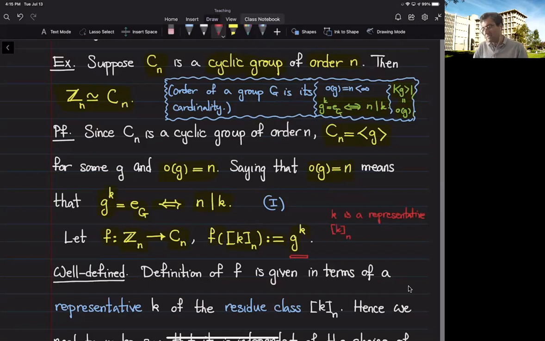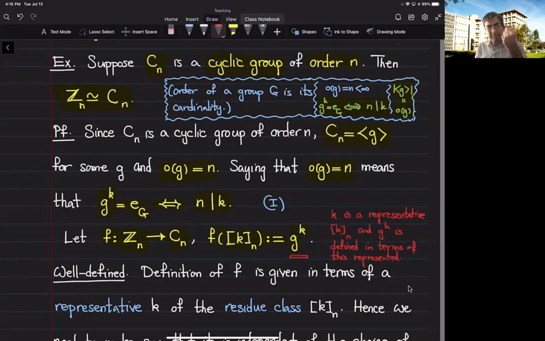So k is a representative of this, and g to the k is defined in terms of this representative. I have mentioned this long ago when we discussed equivalence classes and so on.